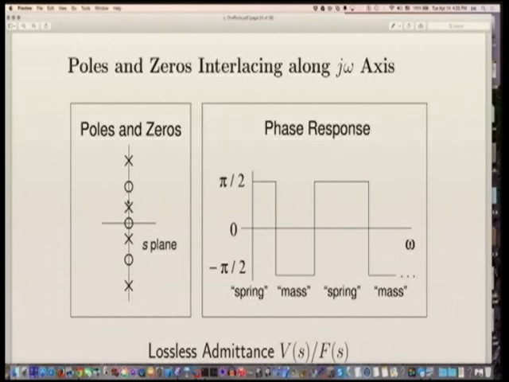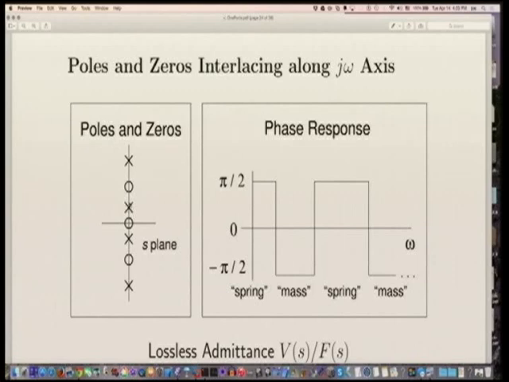So now I'm just on the other side of this pole, and that's where it looks like a mass. We say the system is mass controlled. This is something from the acoustics world. They talk about spring controlled and mass controlled frequency ranges. It's when the phase swings in the direction of that particular element.